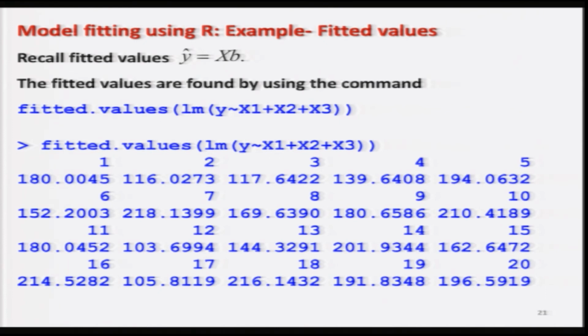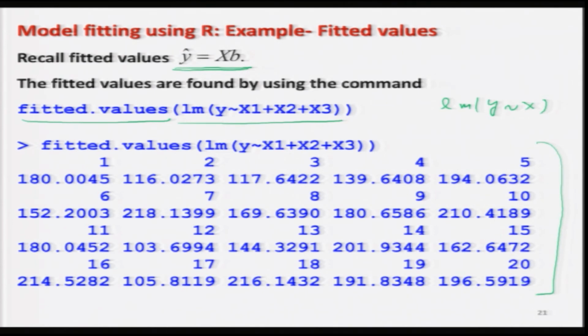The fitted values can be obtained by the expression y hat equal to X b. In case of the multiple linear regression model, you have to use the same command, fitted dot values, and inside the parenthesis, earlier we had used lm y tilde x. Now I am using the new object y tilde x1 plus x2 plus x3, and if you do it here, you have this outcome.